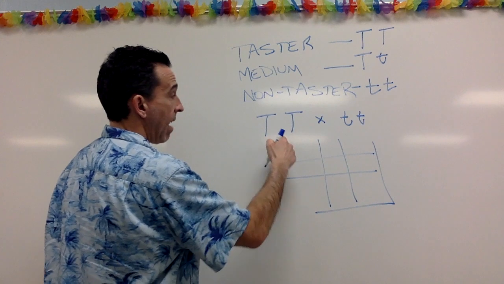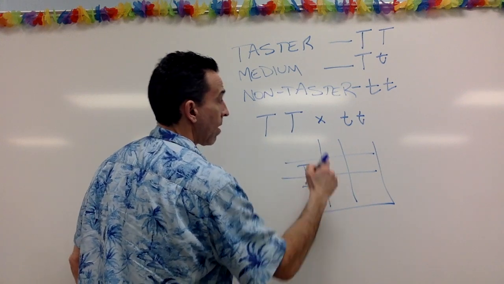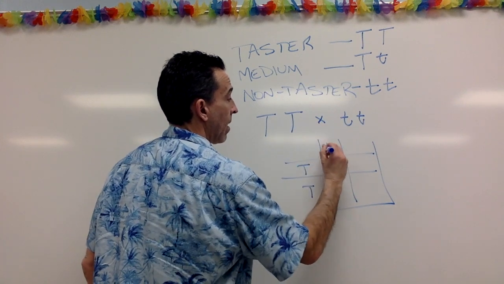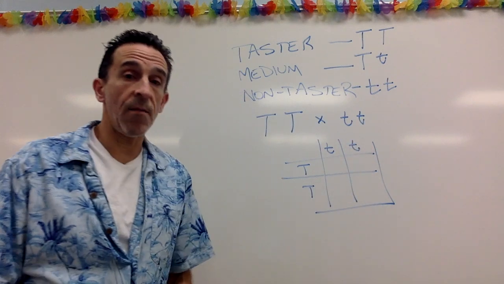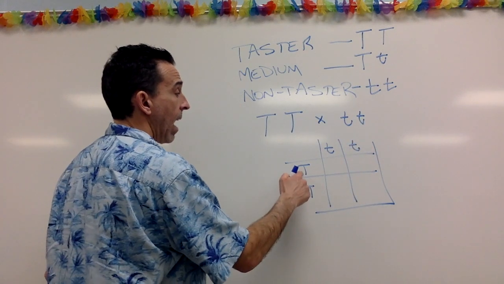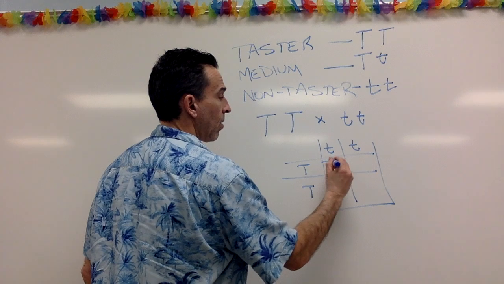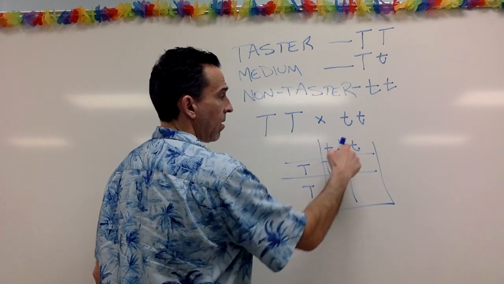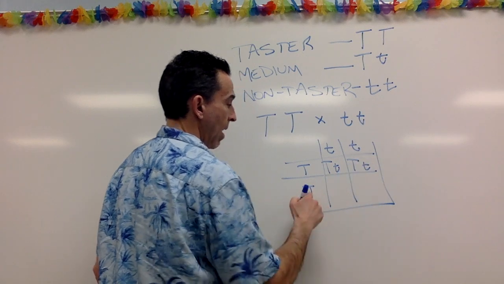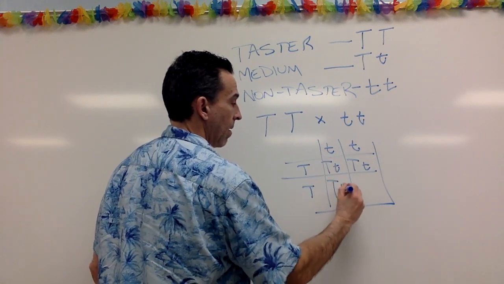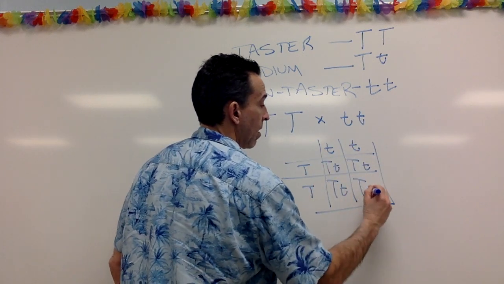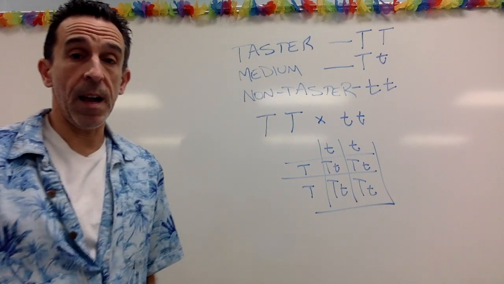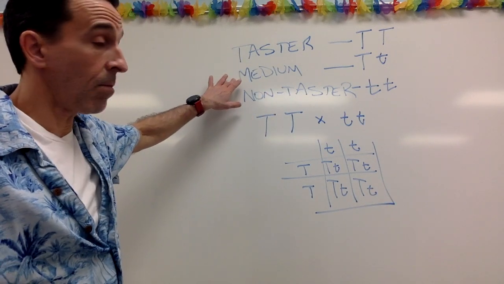We have this parent here, and this parent here, and we want to see how that trait is expressed. So when we do that, we have a big T and a little t, a big T and a little t, a big T and a little t, and a big T and a little t. So this shows that all of them are going to be medium tasters.